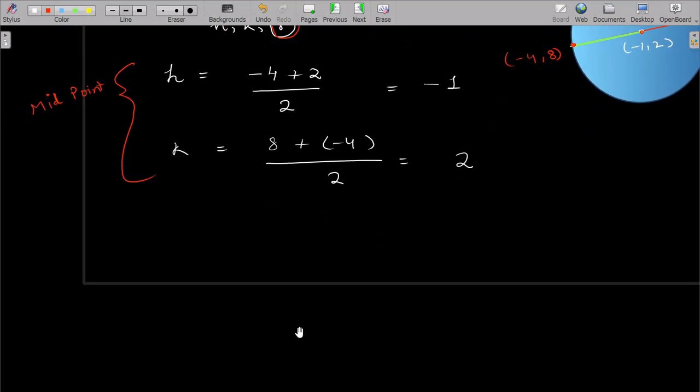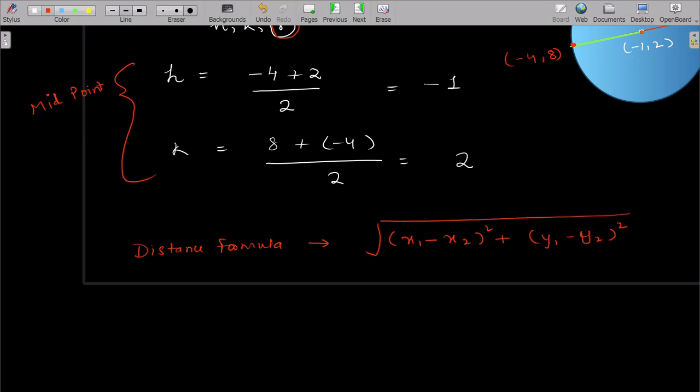Distance formula is, so this is covered in the geometry curriculum. So distance formula is given by x1 minus x2 whole square plus y1 minus y2 whole square, and all of this is inside the square root.